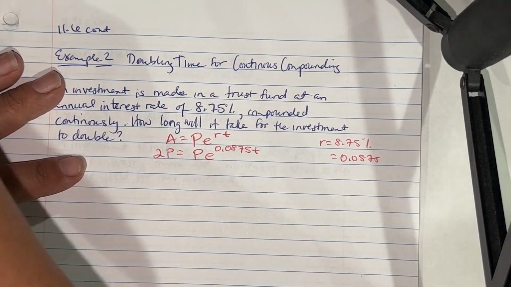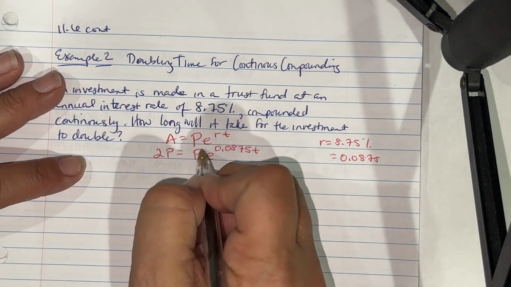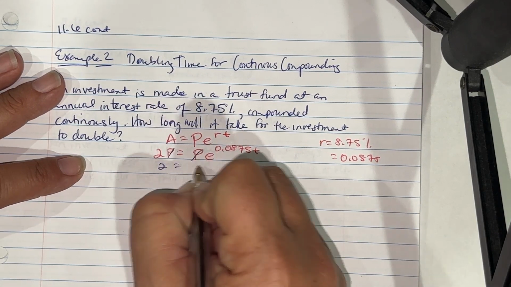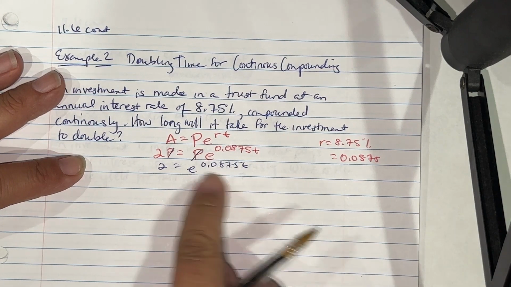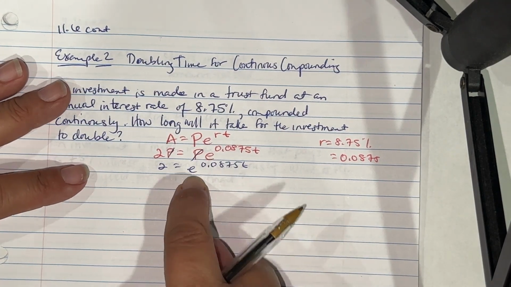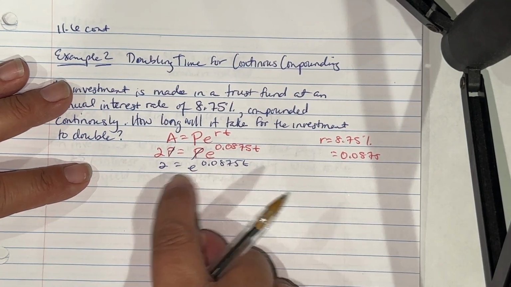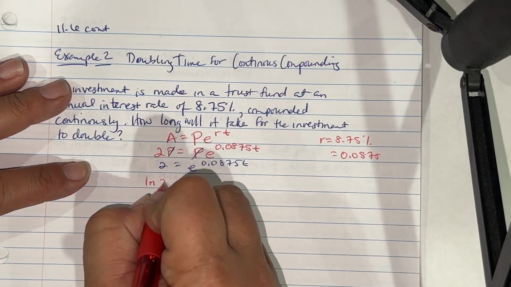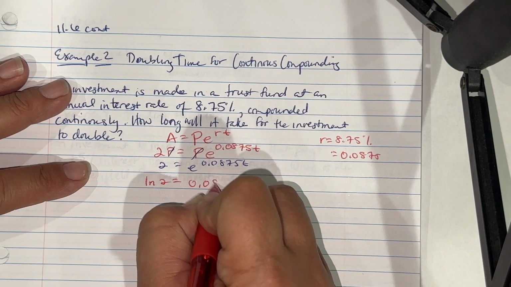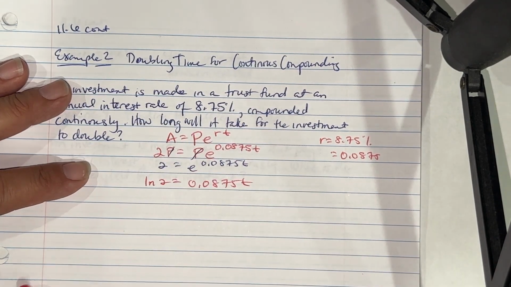So in this instance, our P's are going to cancel each other out, leaving us 2 equaling e to the 0.0875t. Now, it's in base e. In order to bring down the exponent, remember, you're going to take the natural log of both sides. So we're going to say ln of 2 equals 0.0875t.